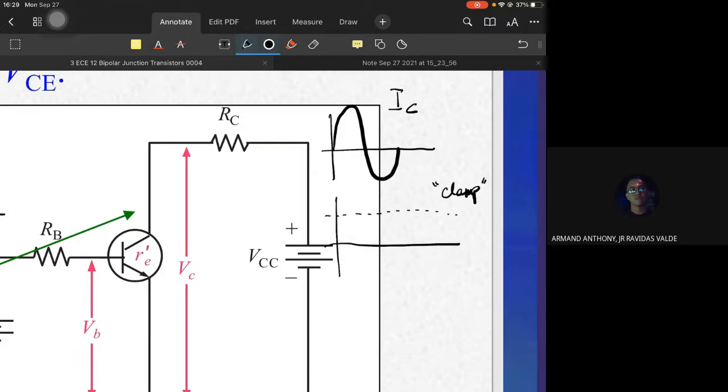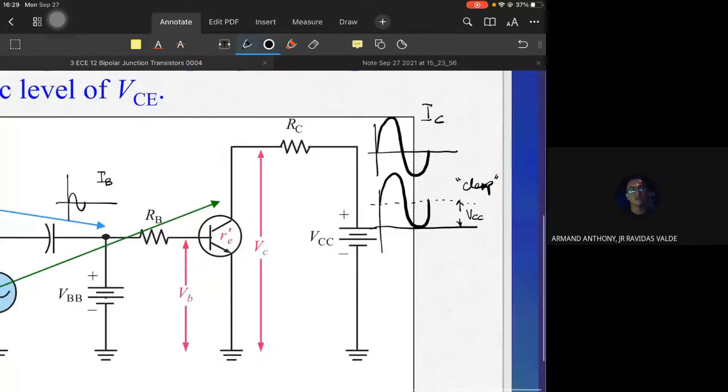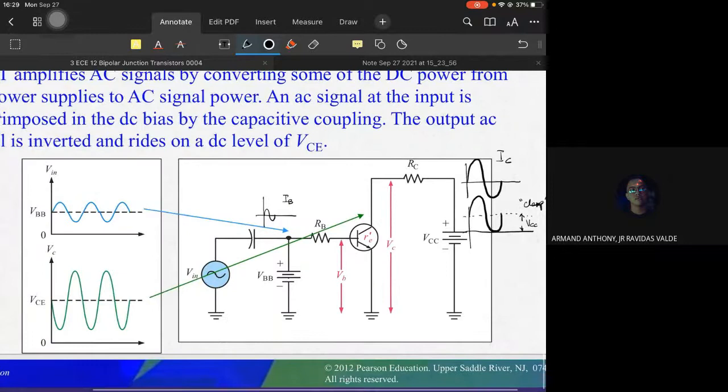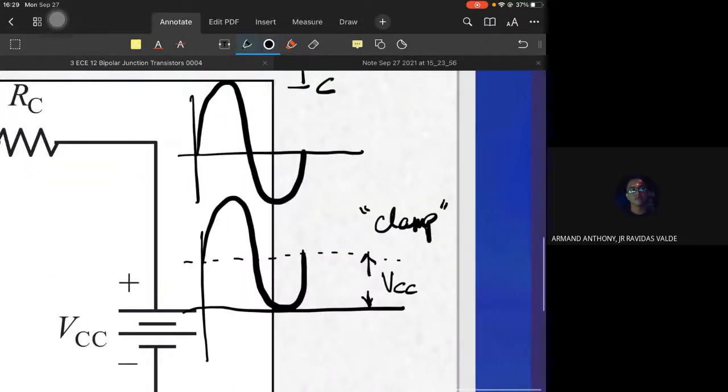So it is clamped to a specific DC level. I think it's VCC, if I'm not mistaken. VCE, no, VCE.